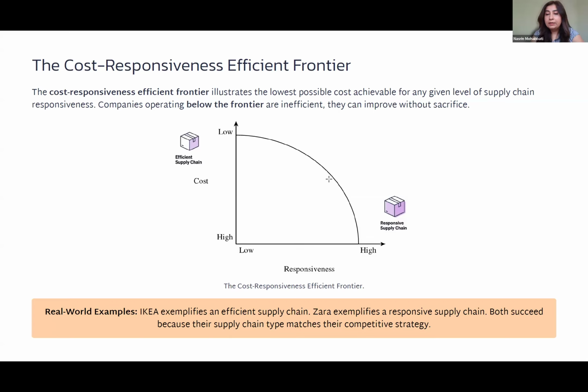Zara, on the other hand, is more responsive because they are fast fashion, offering different trends all the time, being really fast in offering those trends to the market. But also there are some businesses in the middle, trying to be a little bit responsive and a little bit cost efficient as well.